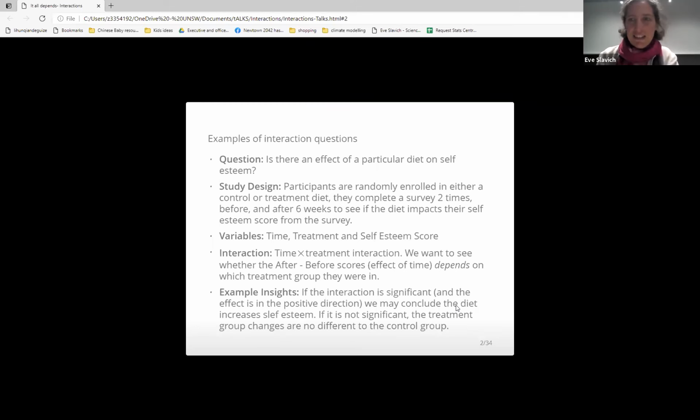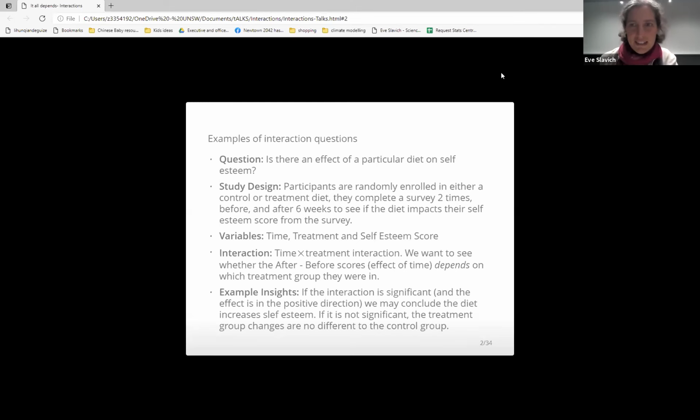The design of this study had enrolled participants into either a control or a treatment diet. And they completed a survey before and after this period when they were on the diet to see if the diet impacts their self-esteem score.